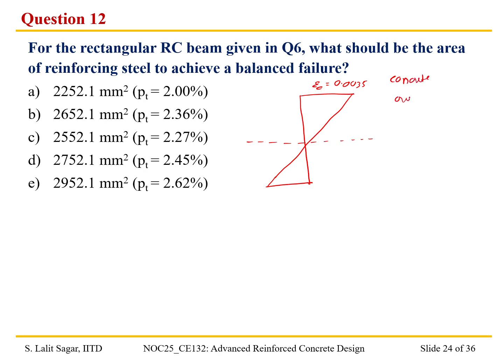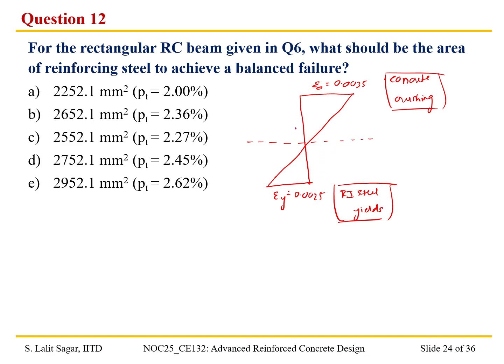Pardon my poor handwriting. And epsilon y is equal to 0.0025. It is the point where the reinforcing steel yields. So the strain corresponding to which both the concrete crushing and the reinforcing steel yields, that is called the balanced failure.